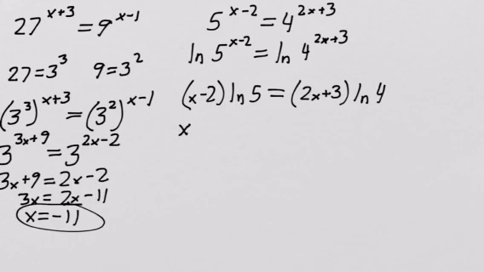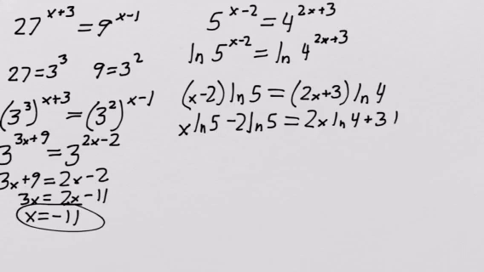So we get x ln 5 minus 2 ln 5 is equal to 2x ln 4 plus 3 ln 4.